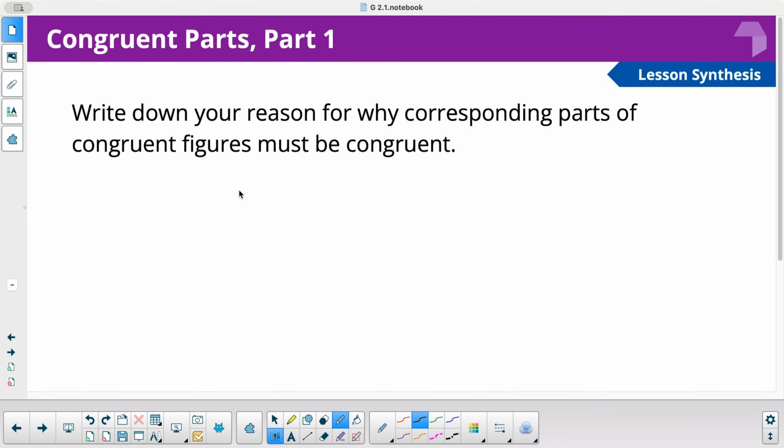All right, write down your reason why corresponding parts of congruent figures must be congruent. So this is actually what we call CPCTC.